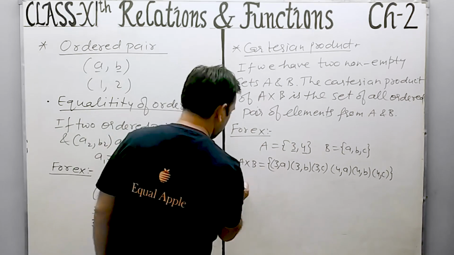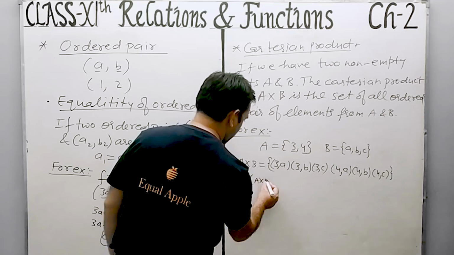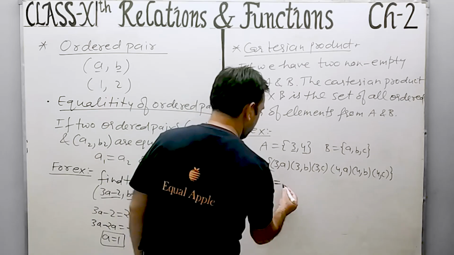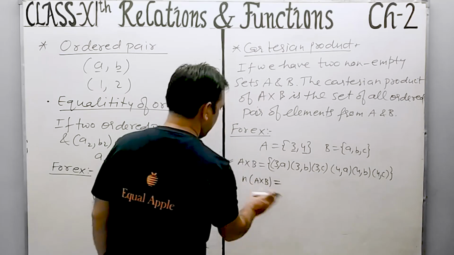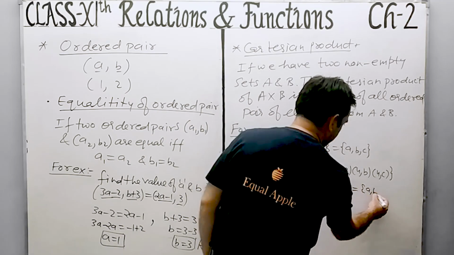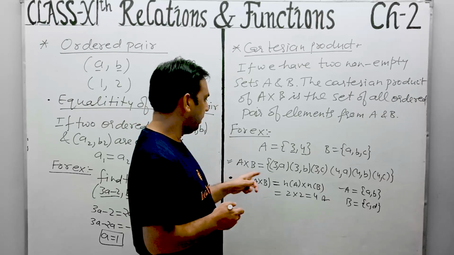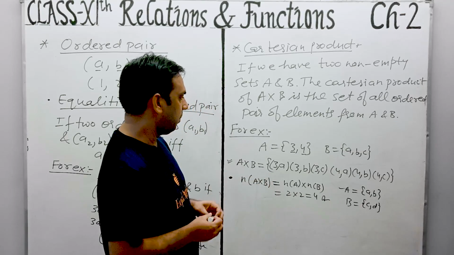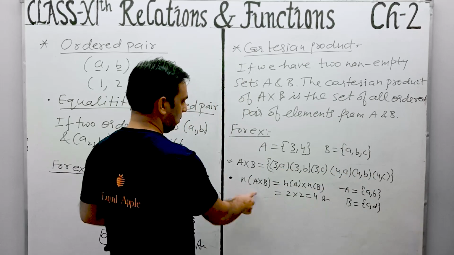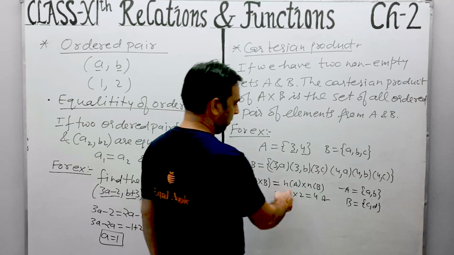In this we need to know more things, like how to find the number of elements in A cross B. In the earlier example, the number of ordered pairs is 1, 2, 3, 4, 5 and 6. If we want to find the number of ordered pairs in A cross B, we have a formula n(A) into n(B).